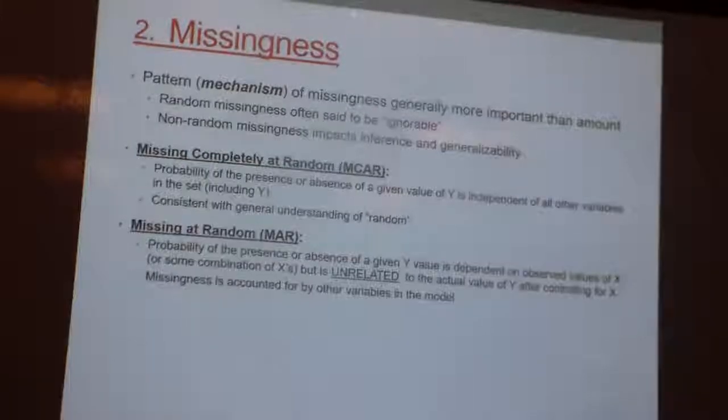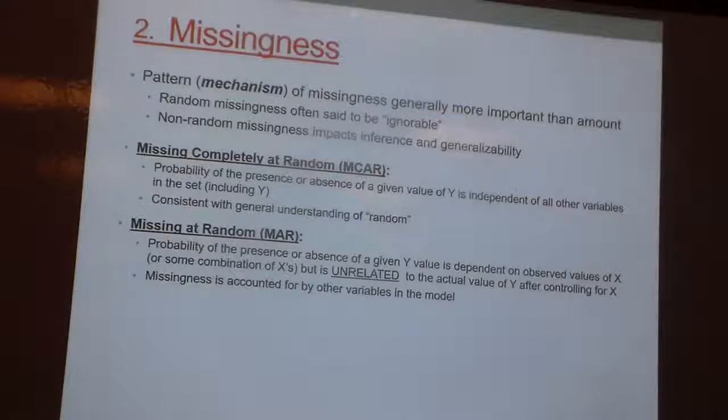We also have something called missing at random, or MAR. Missing at random isn't completely random. There's systematic missingness involved in the data, but if we have data that are MAR, the probability of the presence or absence of some outcome variable is dependent on the observed value of X. As X gets higher, Y starts to become more and more likely to be missing.